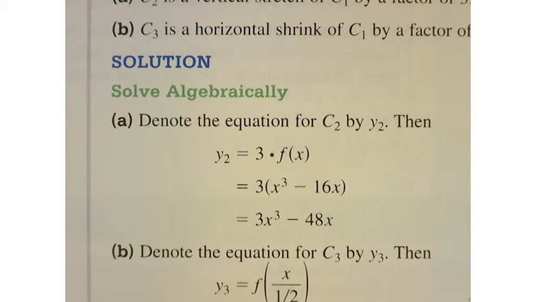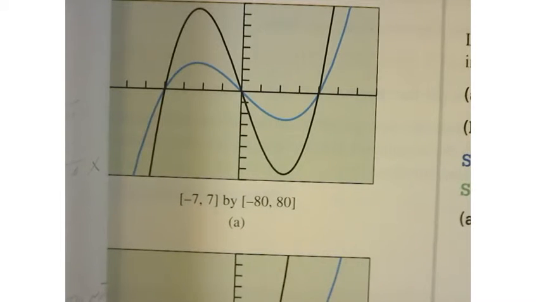Now, if I graph that, let me show you what the graph looks like. It's stretched vertically. Okay? The blue line is the original function x cubed minus 16x, but the black function is the stretched one.